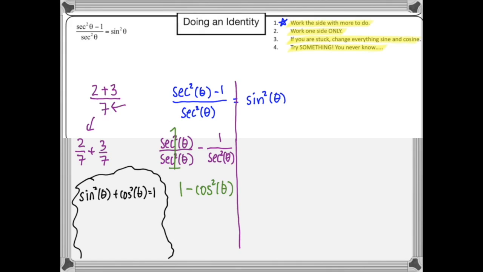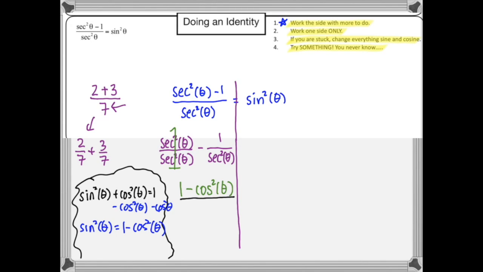If I look at this, how can I rewrite it such that it looks like 1 minus cosine squared theta? I can do that by subtracting the cosine squared theta from each side. That gives me sine squared theta equals 1 minus cosine squared theta.